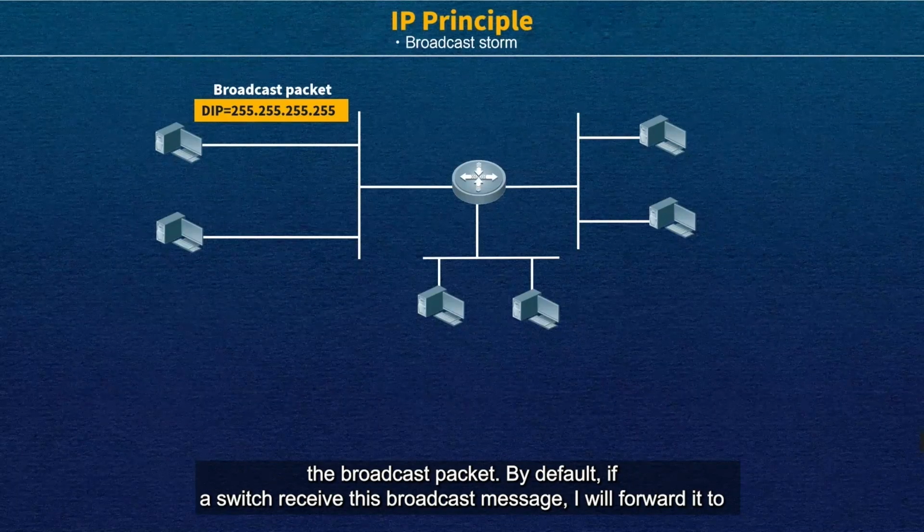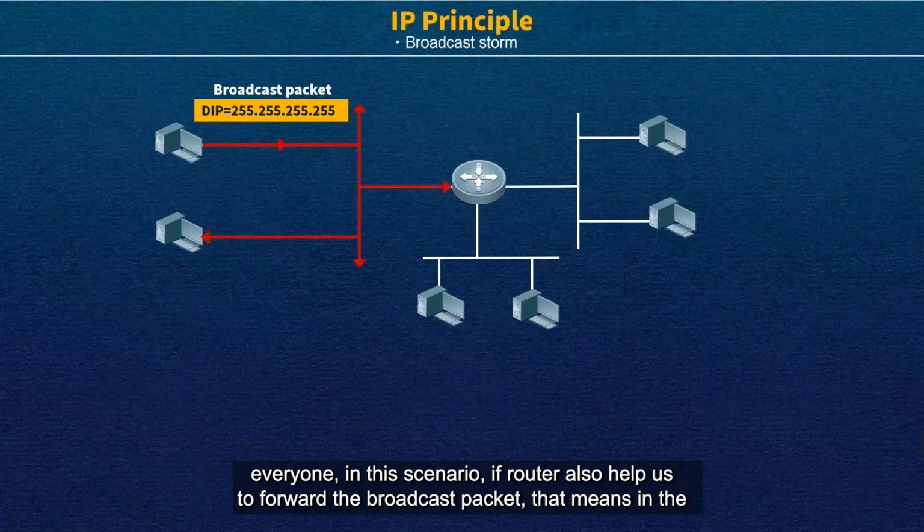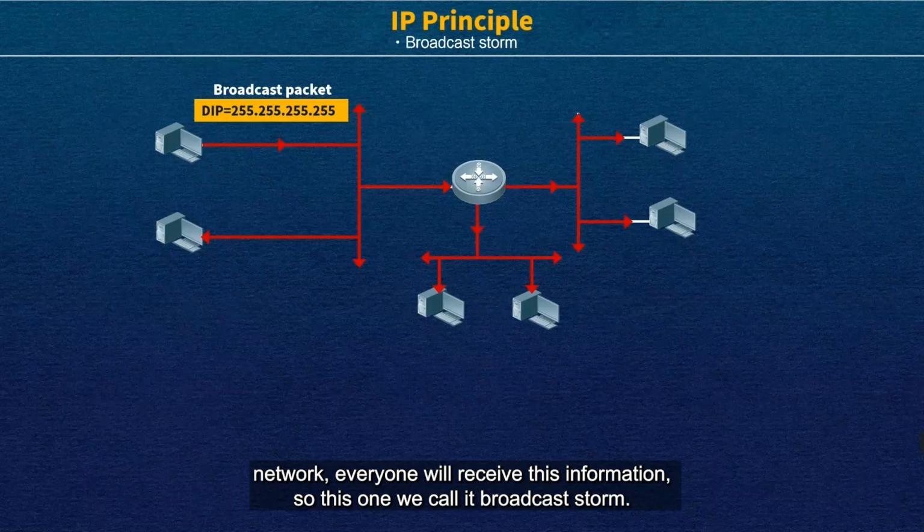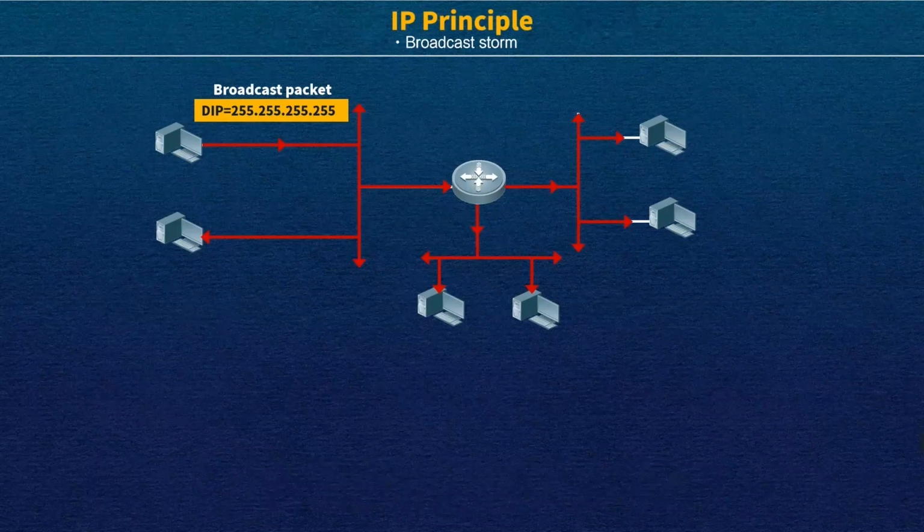And by default, if the switch receives this broadcast, it will reply to everyone. In this scenario, if the router also helps us to forward the broadcast packet, that means everyone in the network will receive this information. So this one we call a broadcast storm.